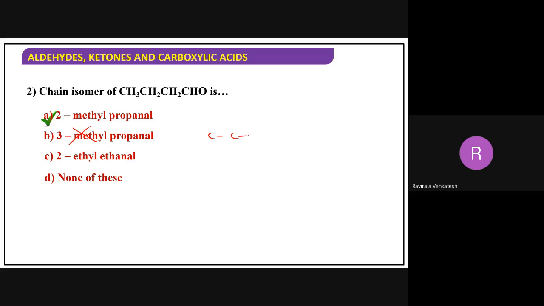See, this is propanol actually. CH2, CH3: first carbon, second carbon, third. Can you put a methyl group? Is it possible? If I put a methyl group here, what is the name of this one? Butanol. Butanol it is. So definitely 3-methyl propanol is not possible, even 2-ethyl ethanol also not. These two structures cannot be, impossibilities. So the answer must be 2-methyl propanol, right?